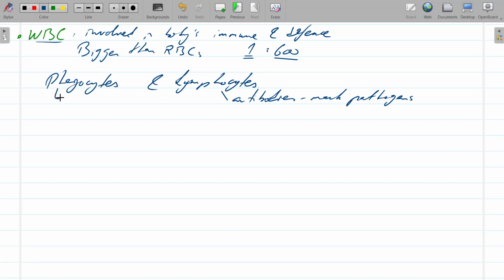And phagocytes perform a process called phagocytosis, which basically means that they engulf, for example, bacteria, the pathogen. They're big cells, and so they eat the pathogen, they eat the bacteria, for example, and digest it, and that way they get rid of it.